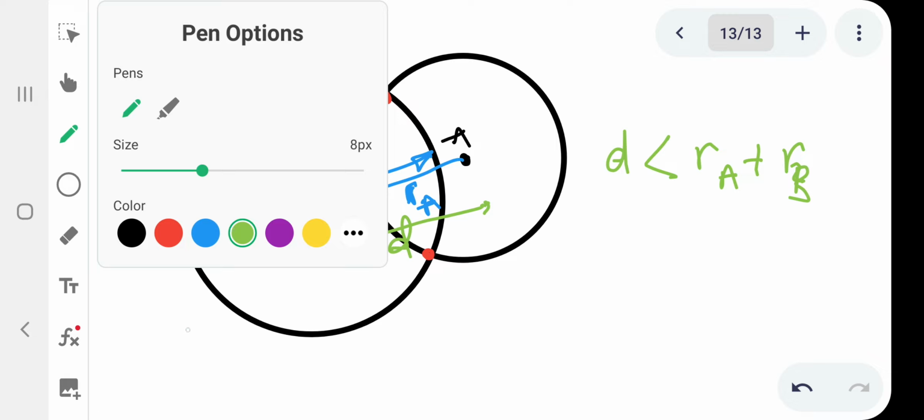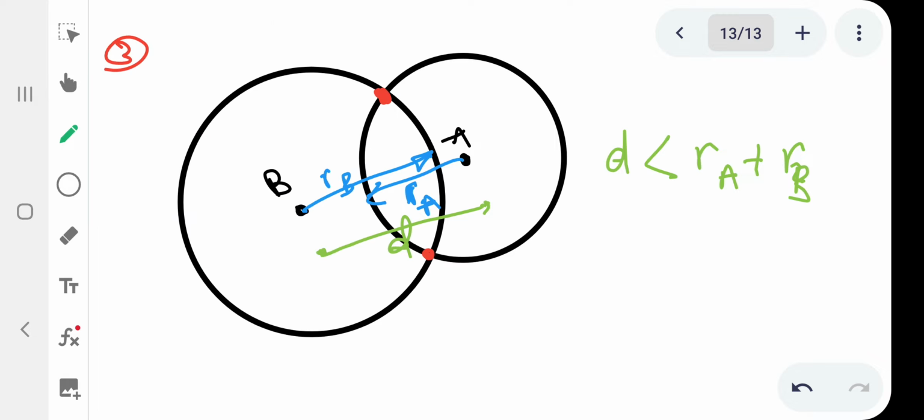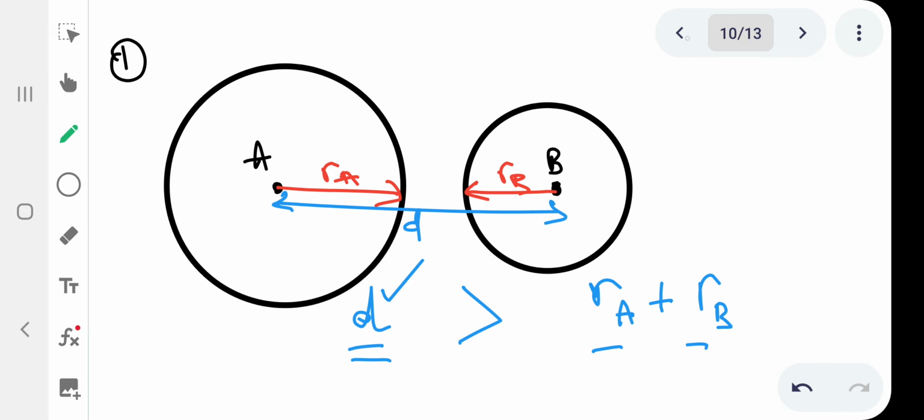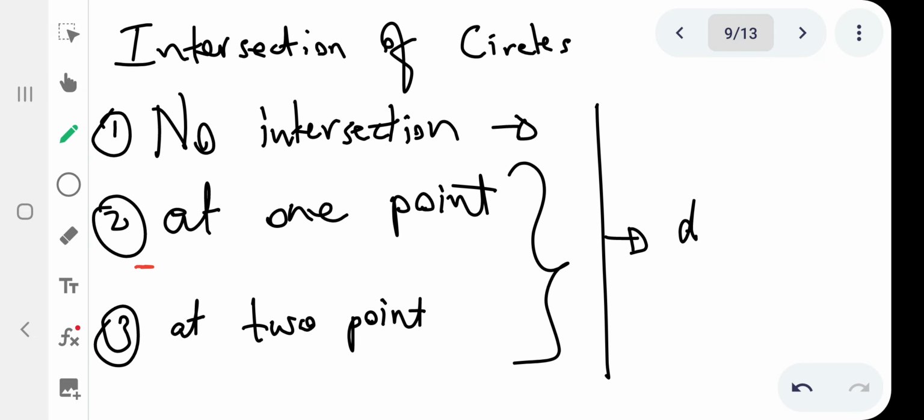And a follow-up question in this scenario is to calculate the equation of the line through the two points, and that is something for later. But now I have explained these scenarios: if we have two circles, either they don't intersect, or they intersect at one point, or they intersect at two points.